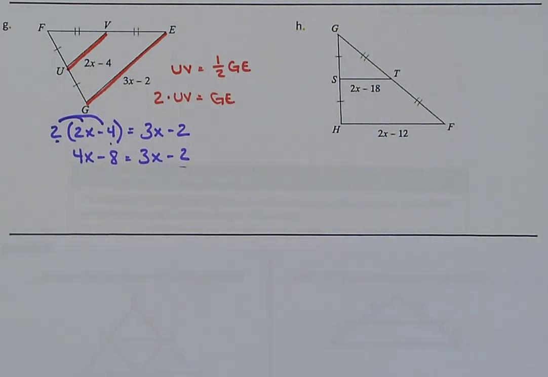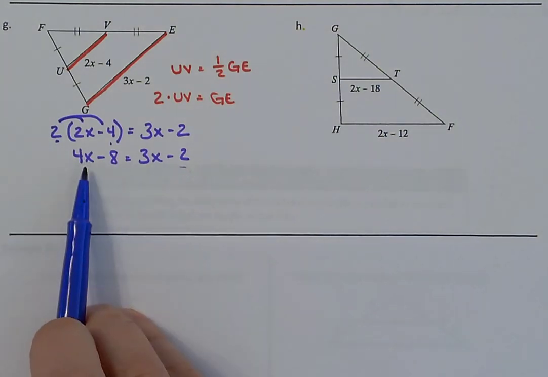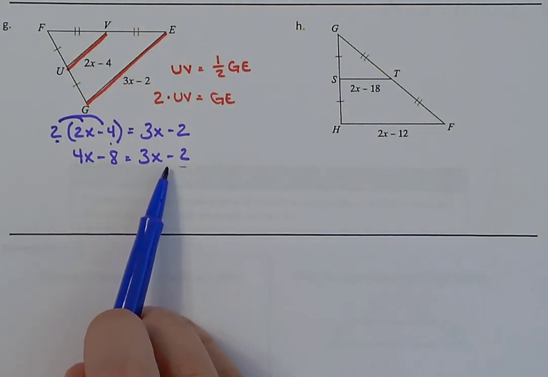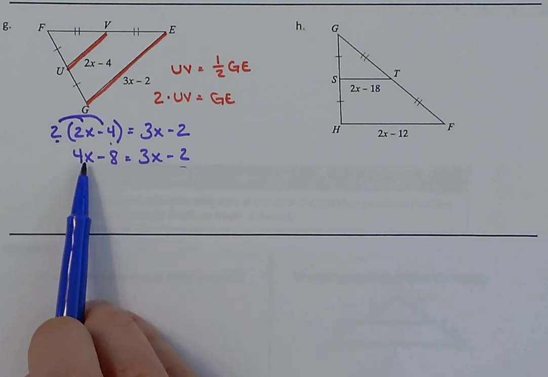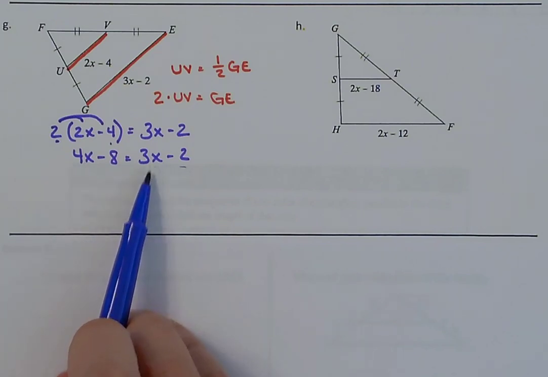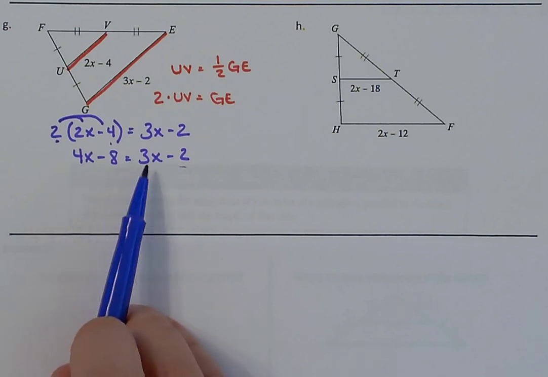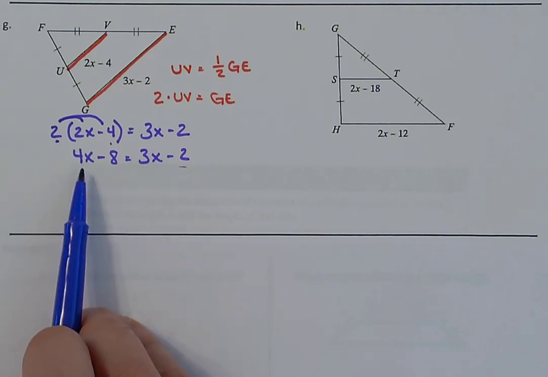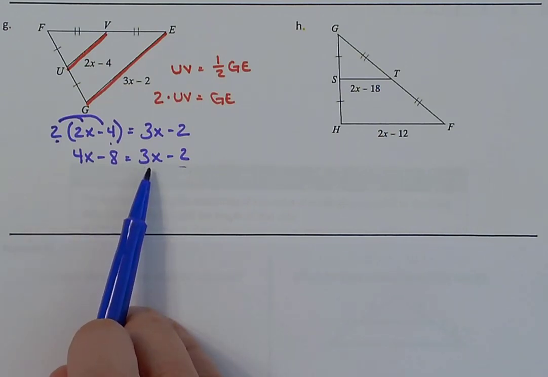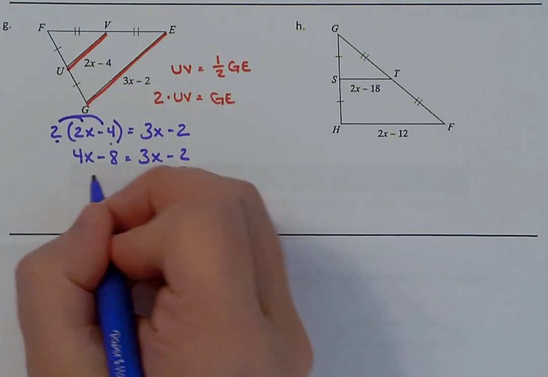Alright, so next we have to get x on the same side and the numbers on the other. If I have 4x minus 8 equals 3x minus 2, I can either move the 4x to the right or move the 3x to the left. I'm going to move the 3x to the left. So 4x minus 3x, 4 minus 3 is 1.